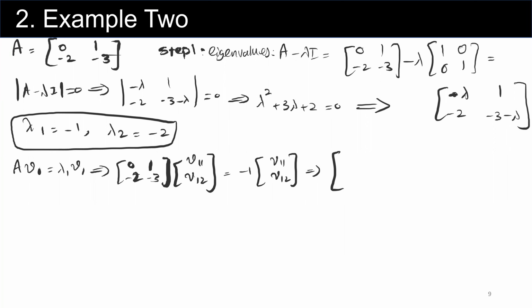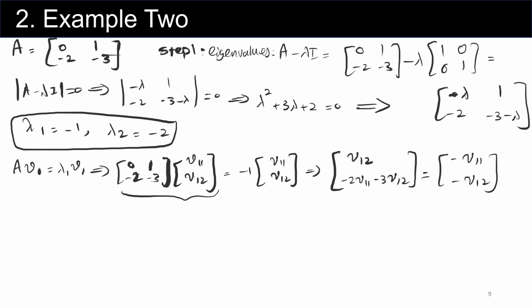So we simplify this side, which is going to be v1,2 and minus 2 v1,1 minus 3 v1,2 is equal to minus v1,1 and minus v1,2.